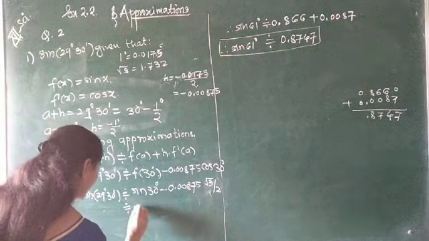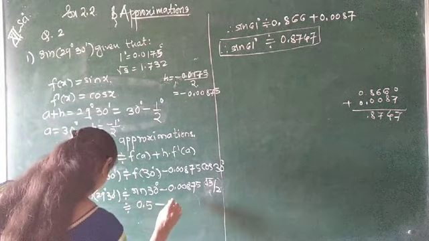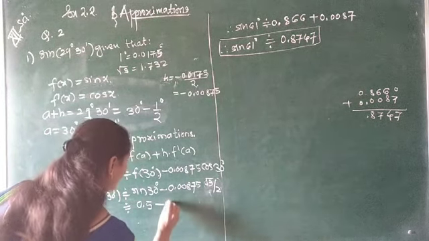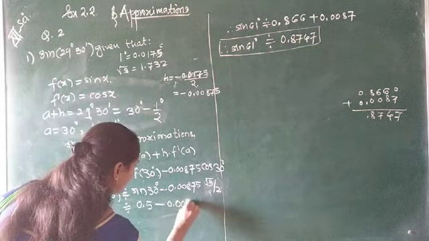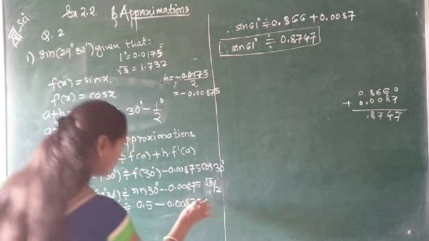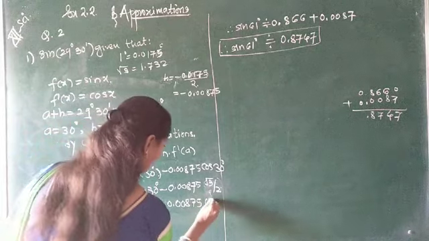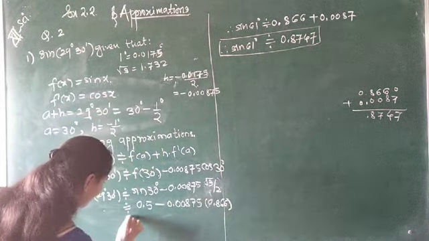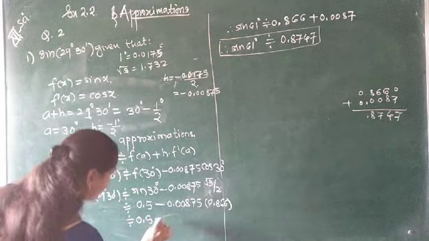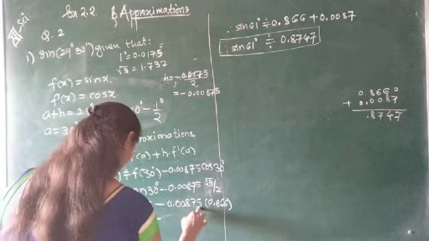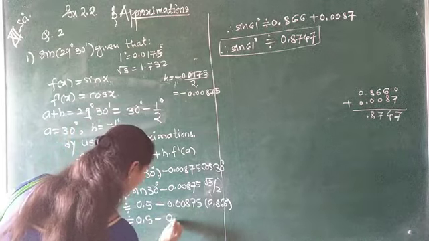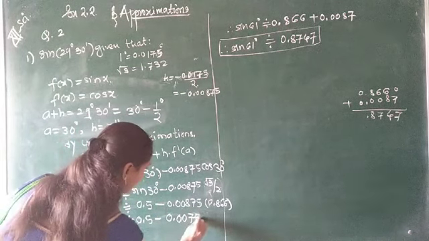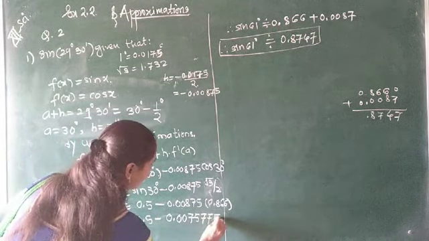And sin 30 degree is 0.5 minus 0.00875, and the value of root 3 by 2 is 0.866. If we take the product of these, that is 0.5 minus the product of these two, which is 0.0075775.